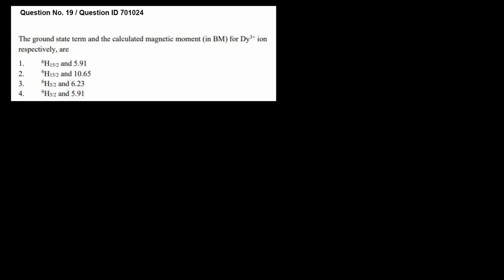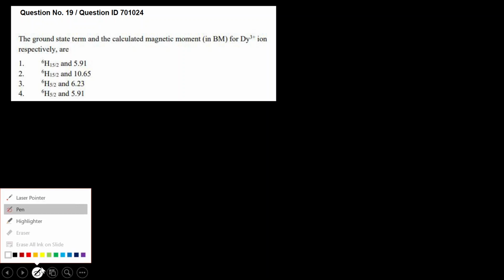Okay, now let us see this question. The ground state term and the calculated magnetic moment for Dy3+ ion is, this is dysprosium. Okay, so what is the electronic configuration of Dy3+? The electronic configuration is xenon 4f10 6s2.